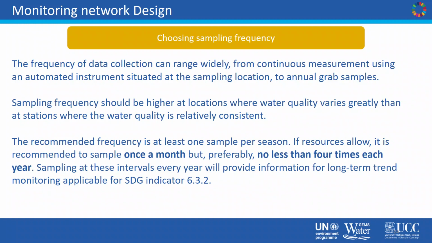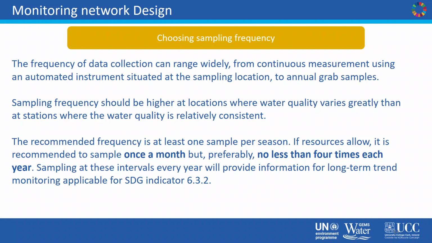The frequency of data collection can range widely. In certain circumstances, continuous measurement may be possible through an automated instrument, but the other extreme could be annual grab samples. The sampling frequency should be higher at locations where water quality varies to a greater degree than at stations where water quality is relatively consistent.